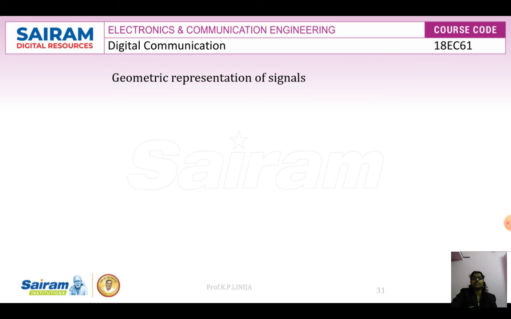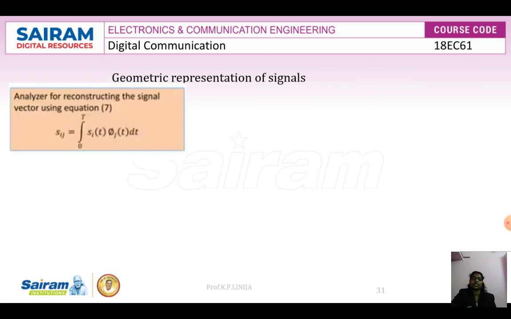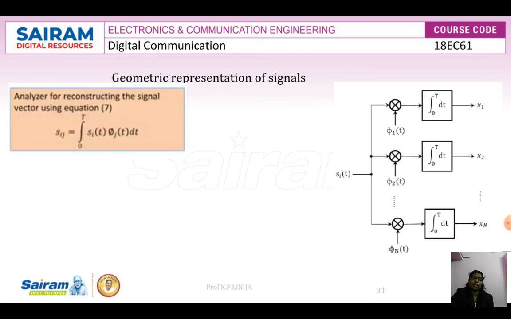Followed by this, let us consider the analyzer, which is for reconstructing the signal at the receiver. That can be summarized as Sij equal to integral 0 to T Si of t phi j of t dt. Here Si of t is given to the multiplier as well as the integrator, so that we get the observation points, that is, the received signal as x1, x2 up to xn.